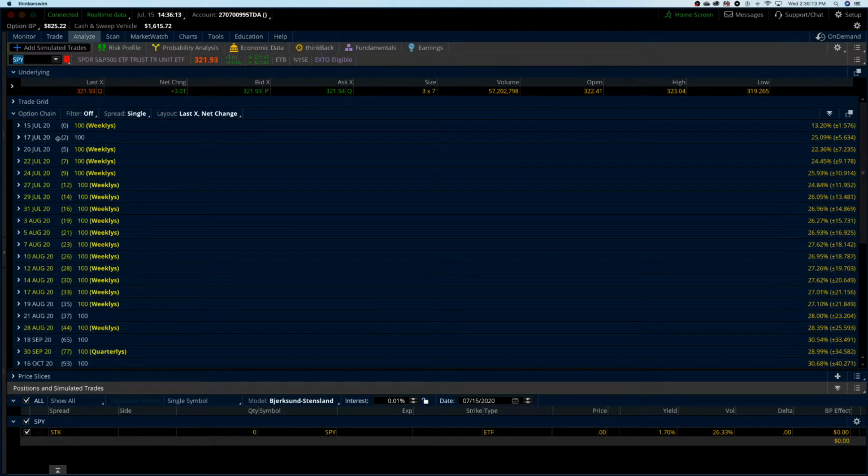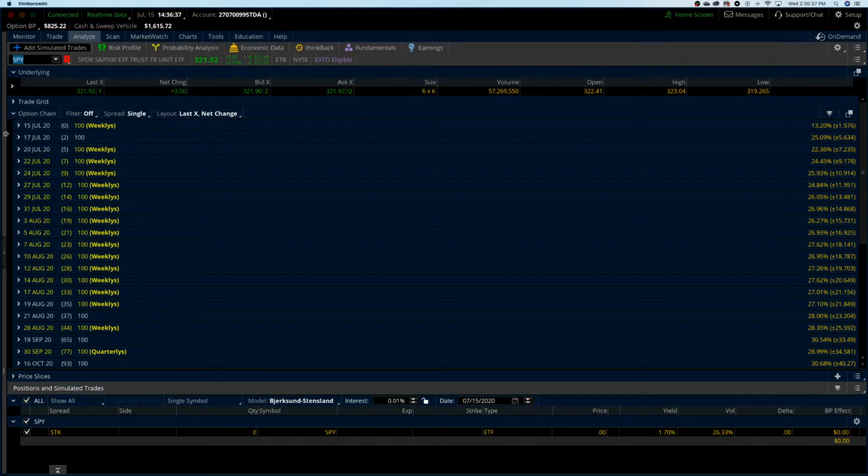Then in parentheses, right now you'll see the 15 July 20 weekly. It says 0. That means there are 0 days until it expires, so it's already expired, actually. The 17 July is going to expire in 2 days on Friday.